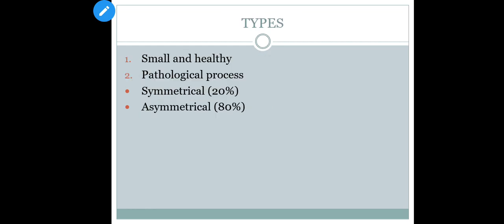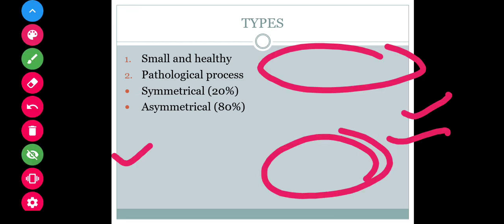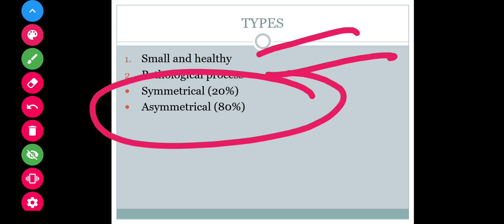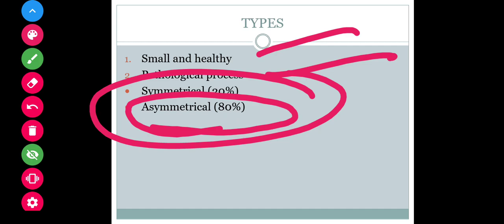Types: small and healthy, and pathological. Under pathological, symmetrical and asymmetrical. As I said already, symmetrical comes due to chromosomal abnormalities, where the cell number is less; in asymmetrical the cell number remains the same, but due to pathology there is less uteroplacental supply to the fetus.